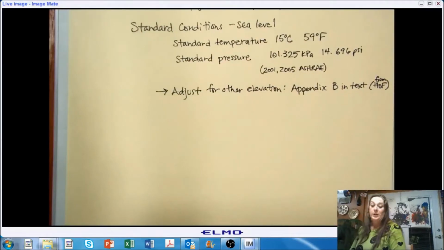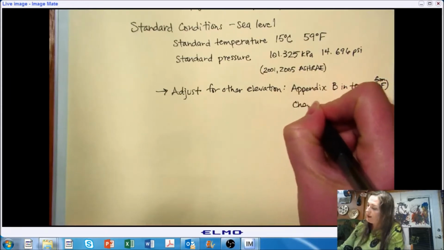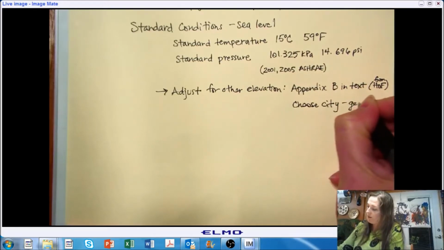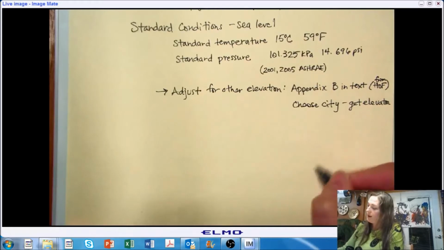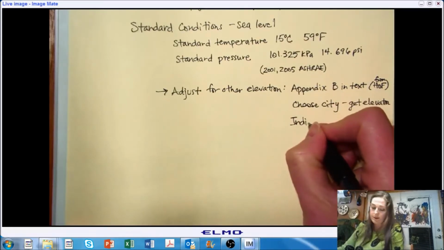And so that's what we're going to use to represent us. We're in Champaign, Illinois. So look in Appendix B in the text. Choose a city that is most representative of where you are and get the elevation. And from there you just apply the equations that we introduced in the last section.